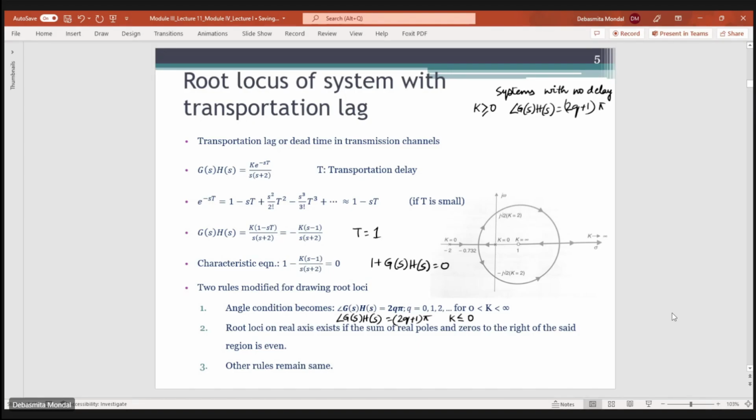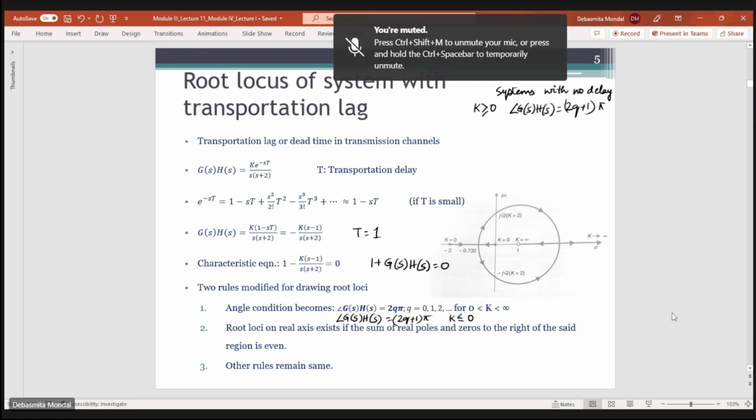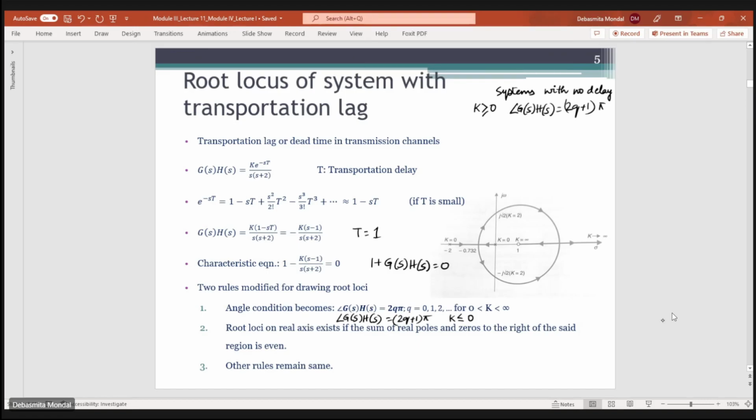And the other condition which needs to be altered is that initially we have seen that the root locus on the real axis existed, for systems without delay, if the sum of the real poles and zeros to the right side of the said region is odd, right? But here the criterion is just the opposite. If the sum of the real poles and zeros to the right of the region is even, then we say that part of the real axis is a portion of the root locus.